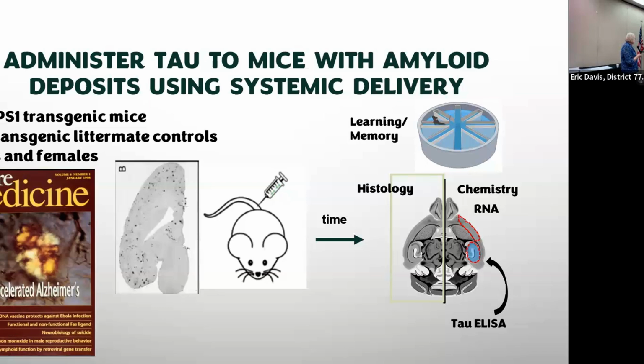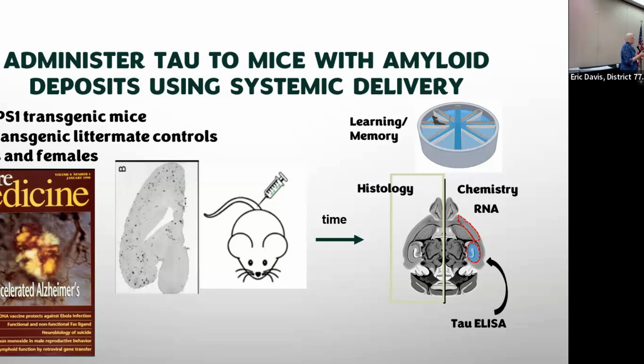So we waited until the animals develop a lot of amyloid pathology according to that time course. And then we use a gene therapy approach to try to force them to make tau. And we are also using the genetic sequence that was discovered in humans that cause Alzheimer's disease.